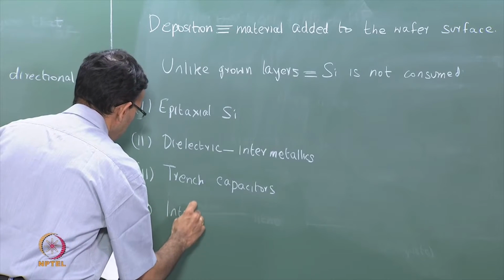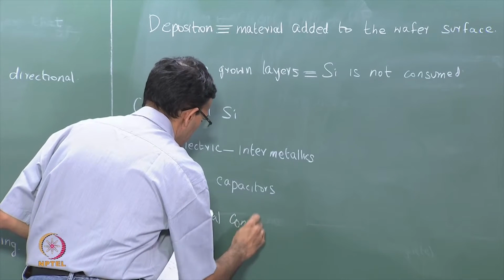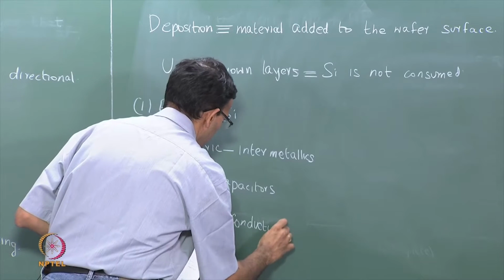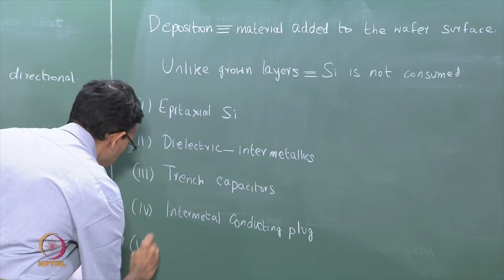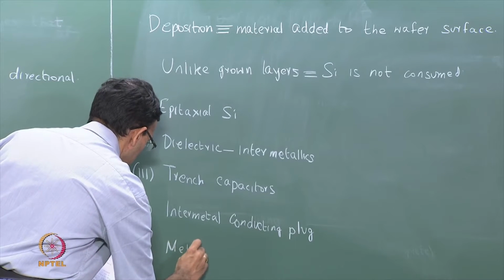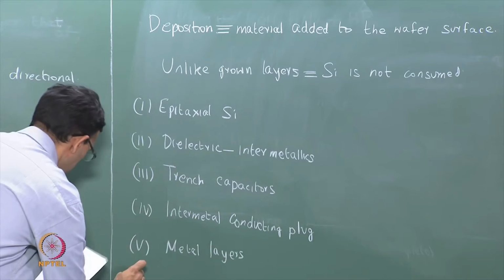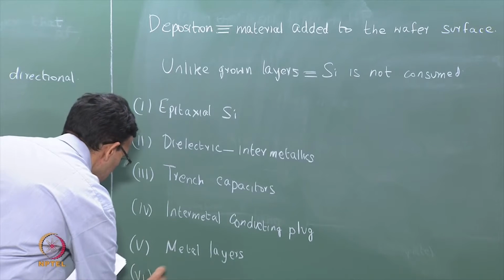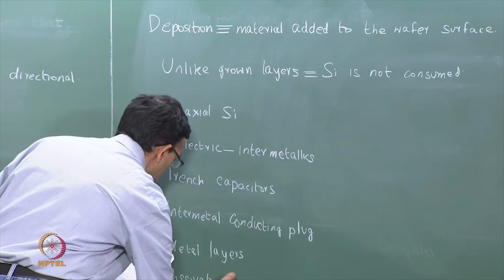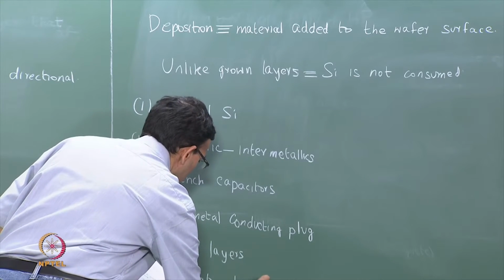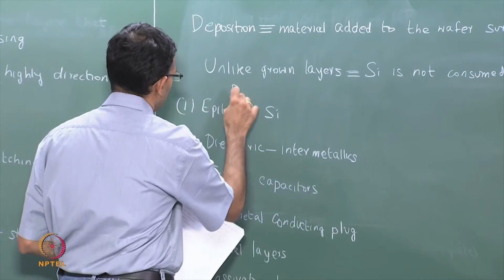Intermetal conducting plugs, this is used for making electrical contacts. The metal layers themselves, surface passivation layers, all of these are different examples of deposited layers.